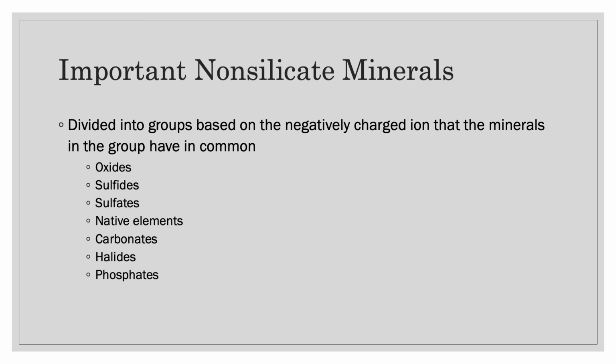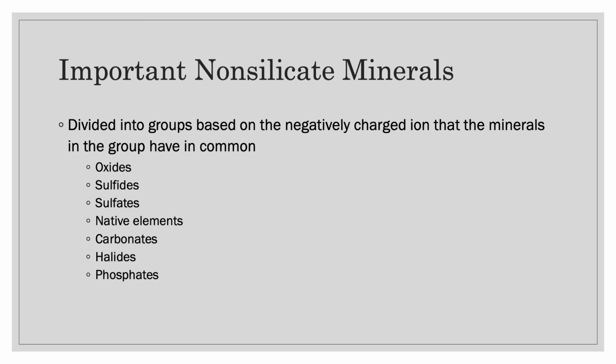Moving on to the non-silicate minerals just for a minute. The non-silicate minerals are divided into groups based on the negatively charged ion that the minerals in the group have in common. So non-silicate minerals that have oxygen in them are called oxides. Non-silicate minerals that have sulfur in them are called sulfides and sulfates.